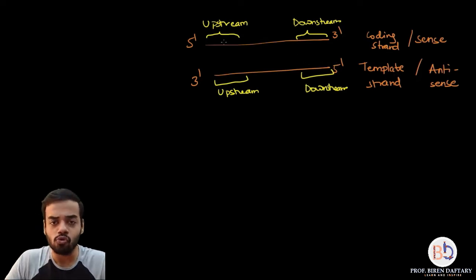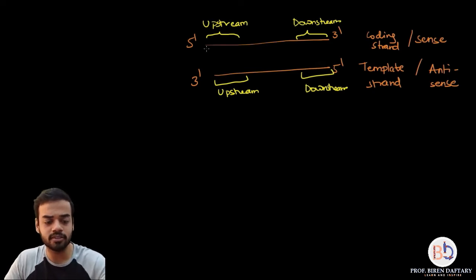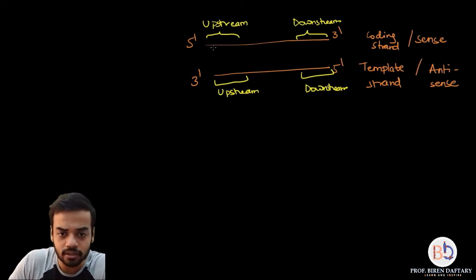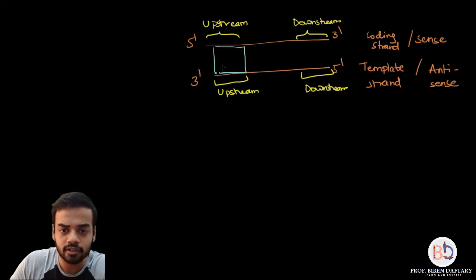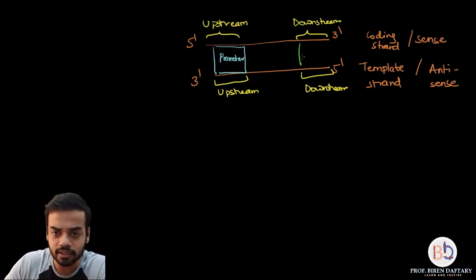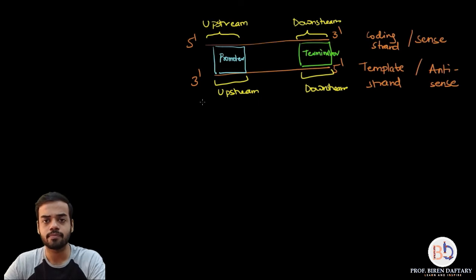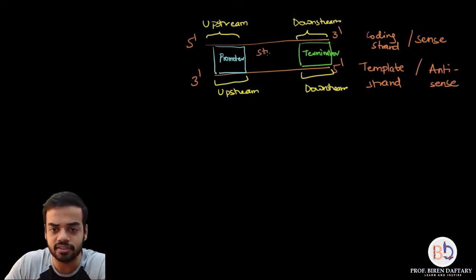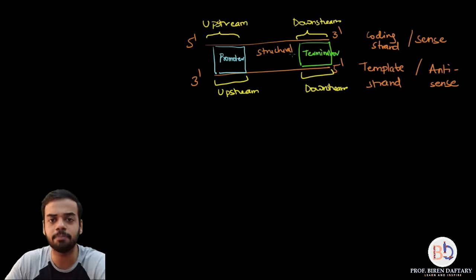Okay, now what is present in the upstream region? The upstream region has an area also called the promoter region. The downstream area has a region also called the terminator region. And between these two areas are present the structural genes or structural gene, depending on how many genes are present.